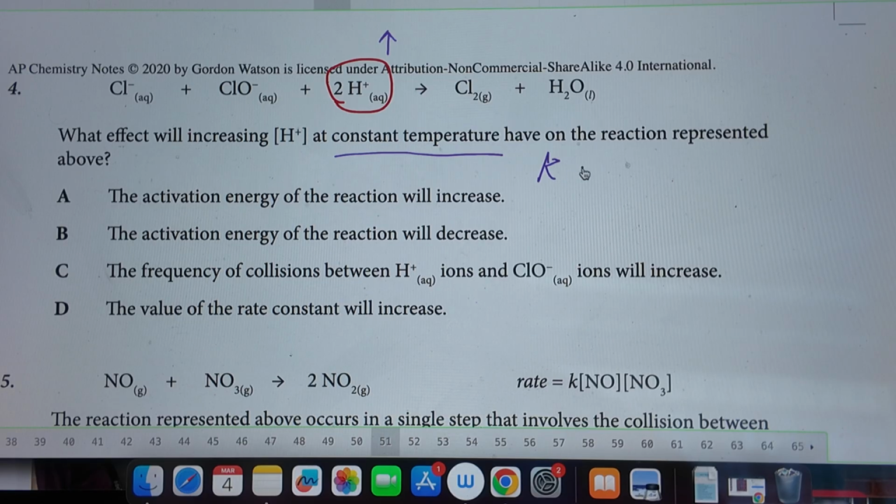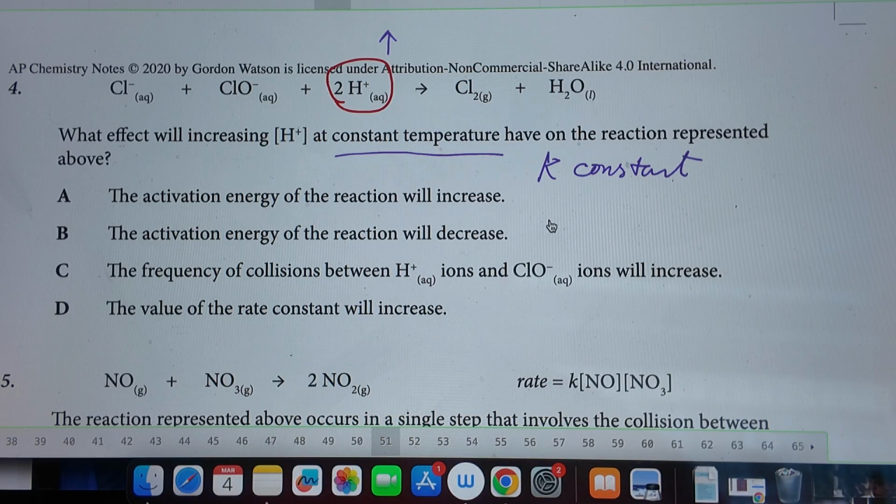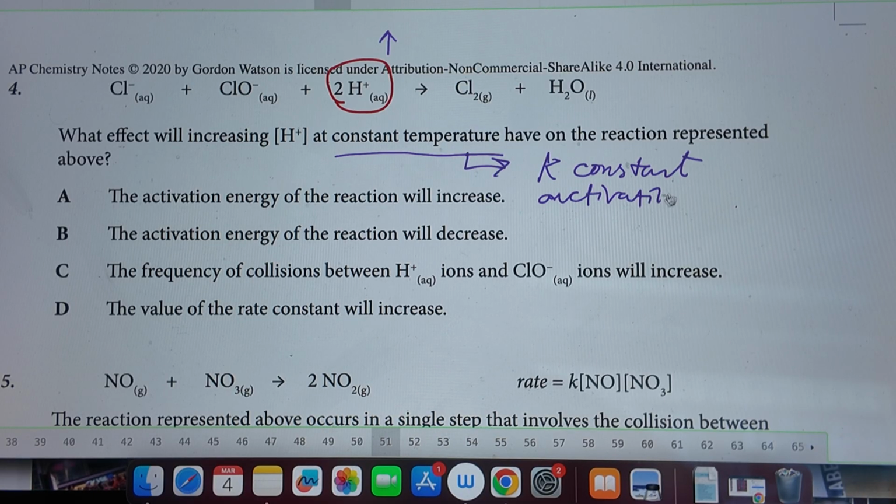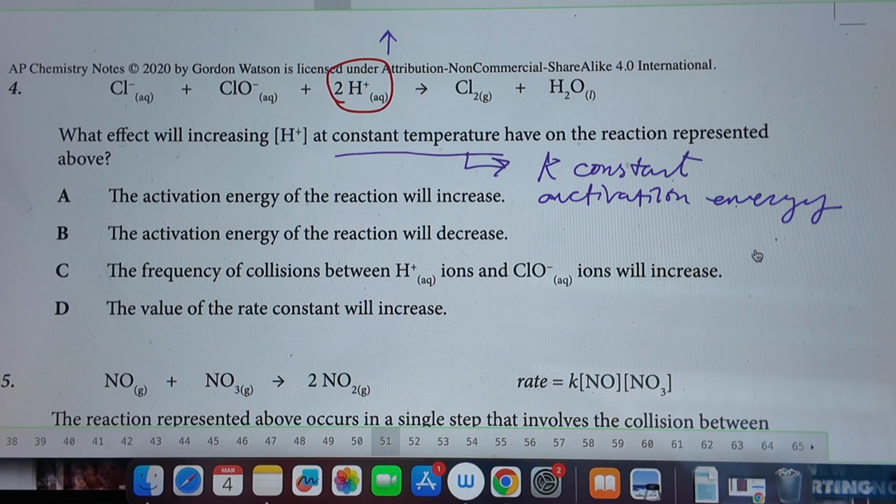Only temperature can change K. K stays constant, right? But then the activation energy does not change due to temperature either. Activation energy will stay the same, right?